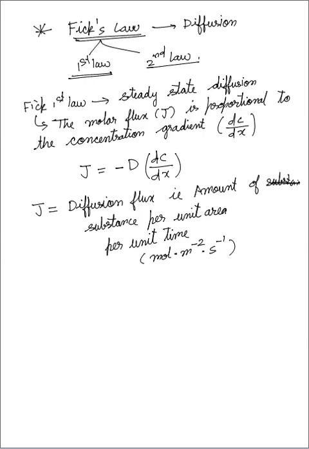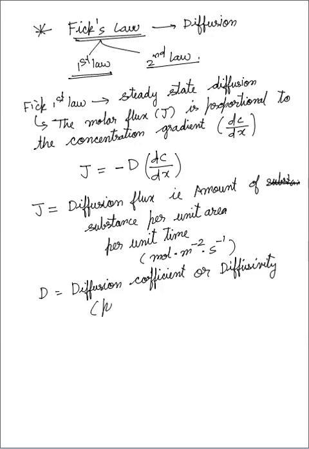In the same way, what is D? D is your diffusion coefficient. Even we may call it diffusivity. It is basically a proportionality constant, and its unit is meter square per second.